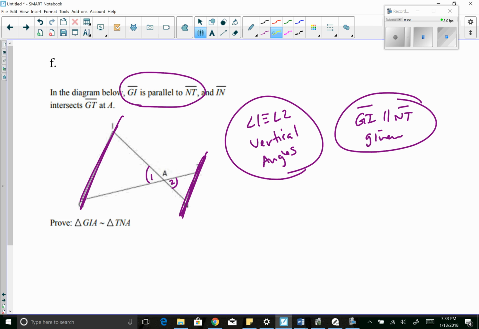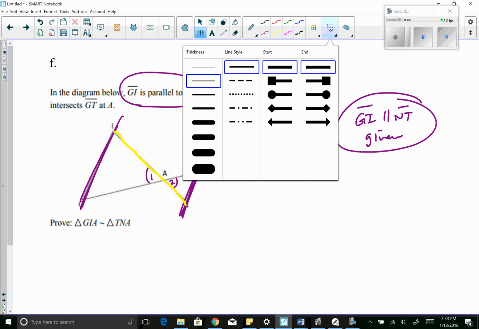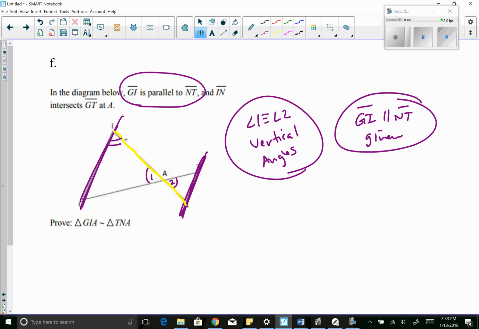If I look at one of the transversals, like this transversal here, that one transversal is going to give us alternate interior angles, both here and here. Notice they're on opposite sides of that yellow line I drew. So we'll call this angle 3 and angle 4.